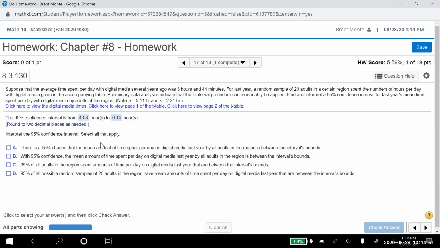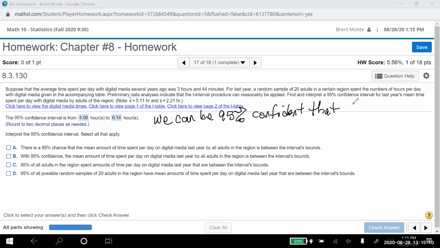Well, remember, here's how we interpret. Let's jot this down so that we remember what's happening before we look at the answers. We would say something along the lines of, we can be 95% confident that the population mean mu, and we may even be more specific here because we know what the mean stands for.